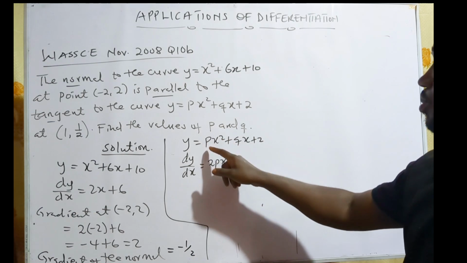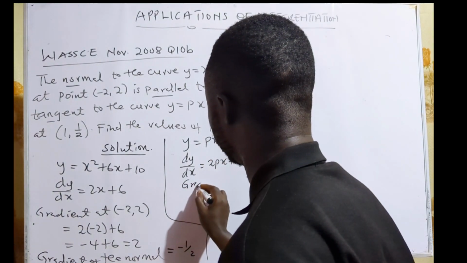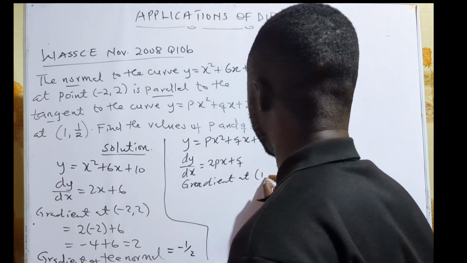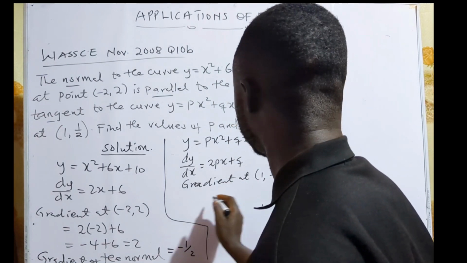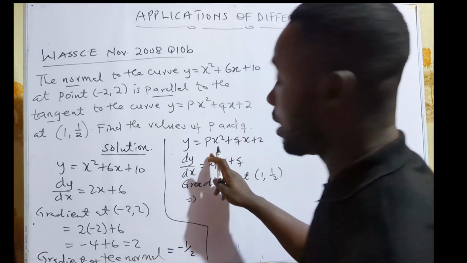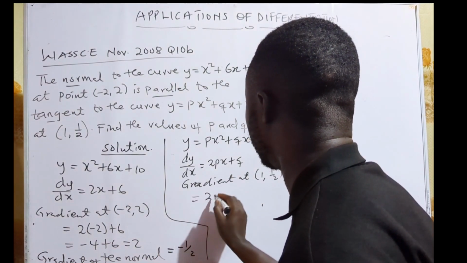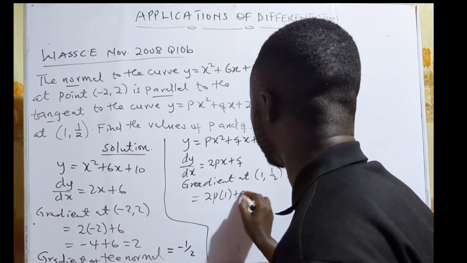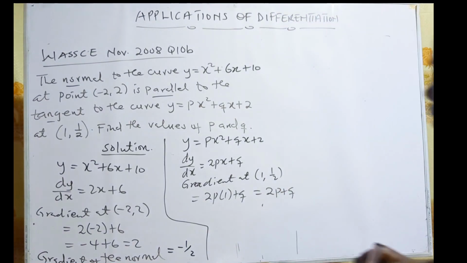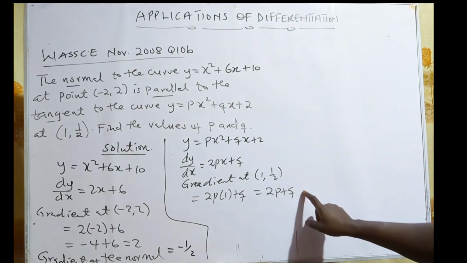The gradient at x equals 1 means you substitute 1 into the gradient function, so that will be equal to 2p times 1 plus q, which gives us 2p plus q. So the gradient of the tangent to this curve is 2p plus q.